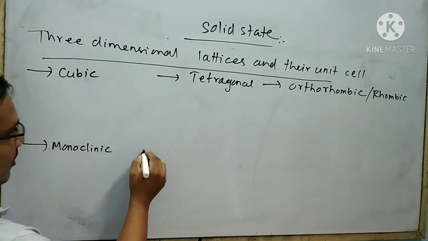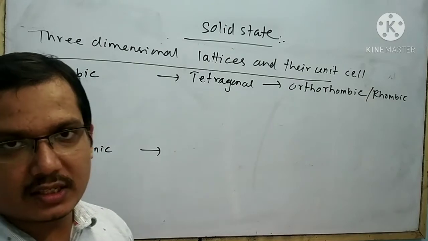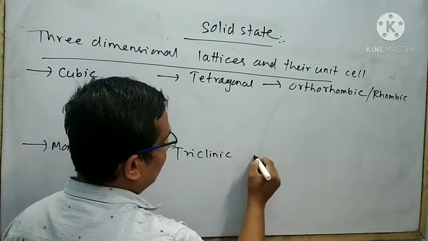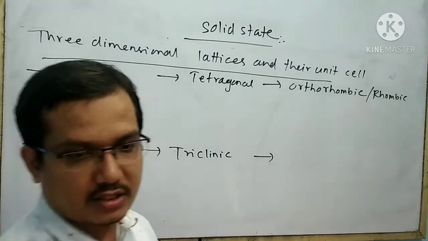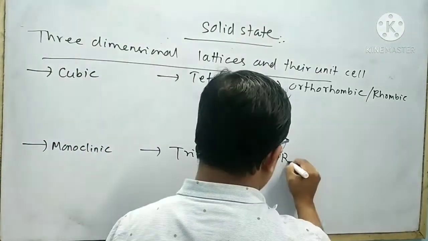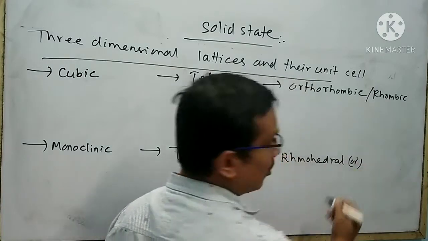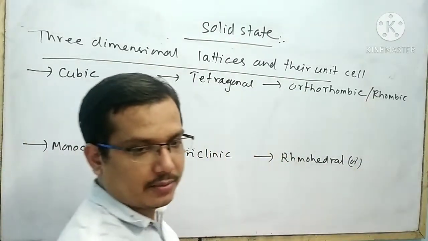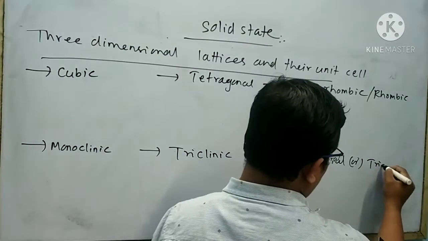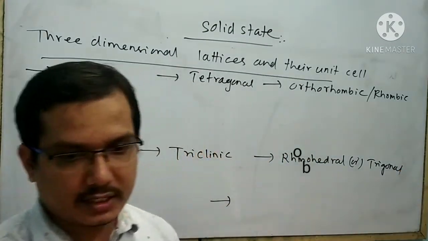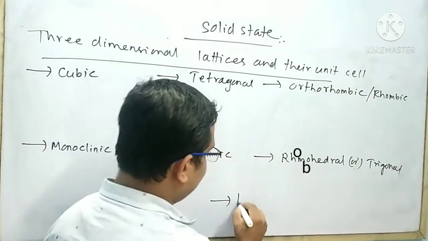Fifth is triclinic. Sixth is rhombohedral, or it is also called trigonal. Seventh is hexagonal.